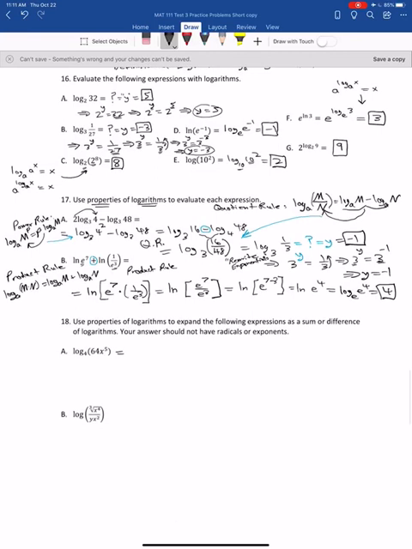Well, first thing I'm going to do in this example is apply the product rule that we just went over. Product rule says we can take these factors, we've got a 64 and an x to the 5th power. So that's going to be equal to log base 4 of 64 plus log base 4 of x to the 5th power, using the product rule.